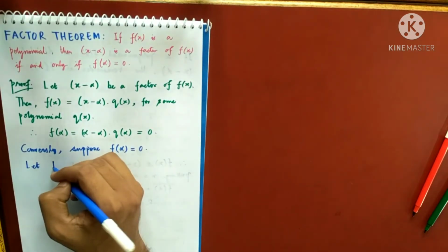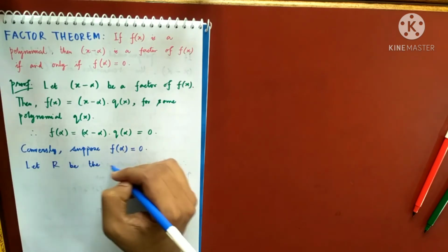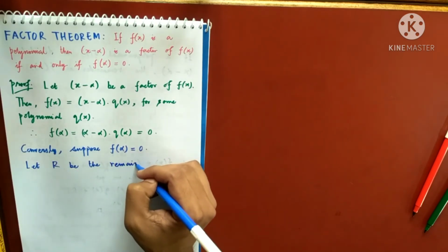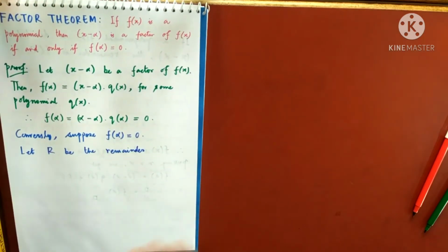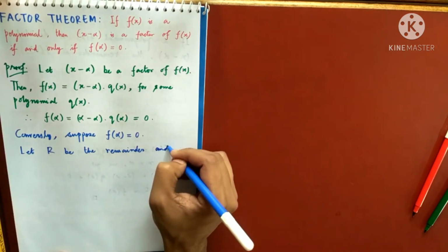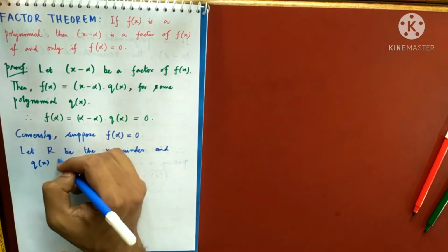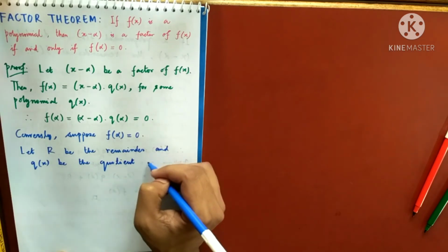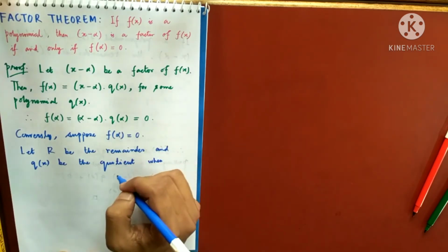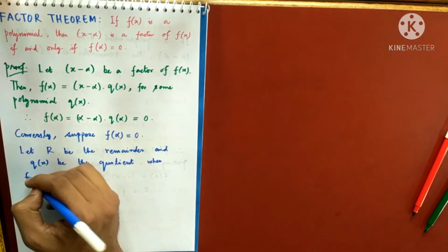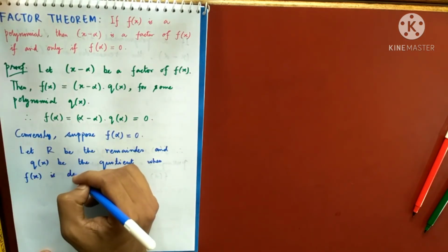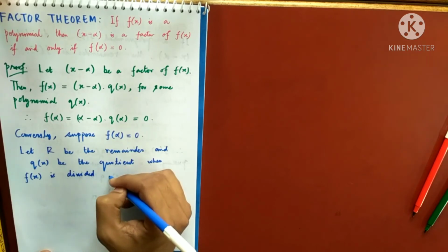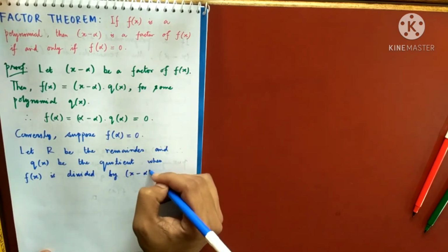So let R be the remainder and Q(x) be the quotient when f(x) is divided by x minus alpha.